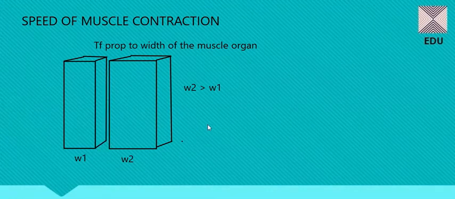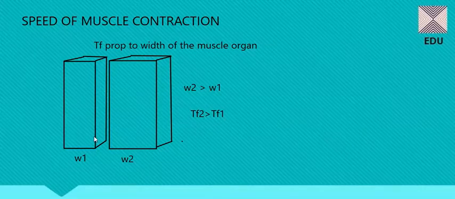So what I want to say is that the area of muscle 2 is greater than the area of muscle 1. So muscle number 1 will produce less tensile force. I am writing TF2 will be greater than TF1. That means the tensile force generated by this muscle will be greater than this muscle.